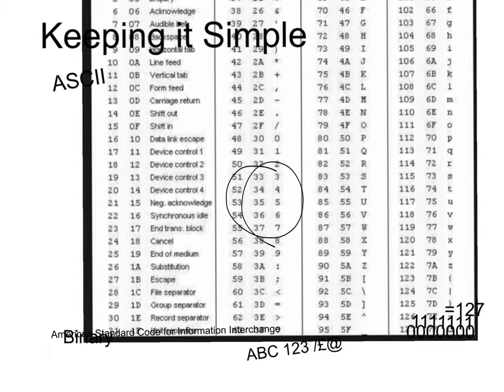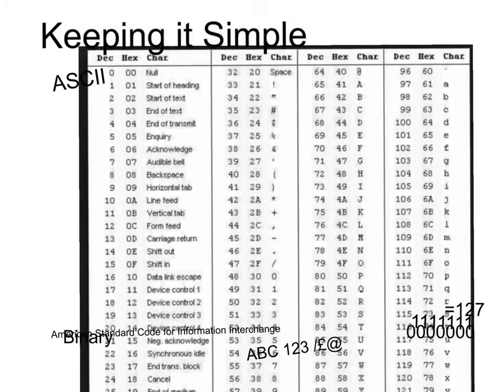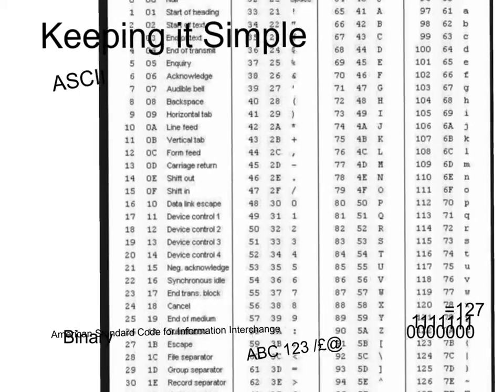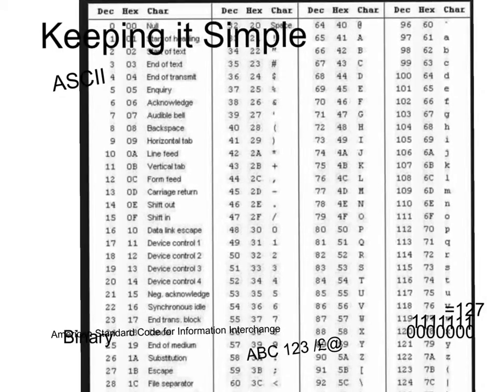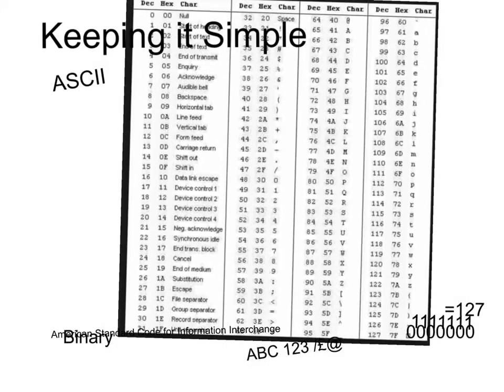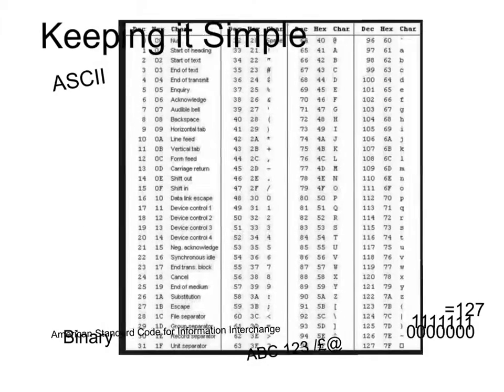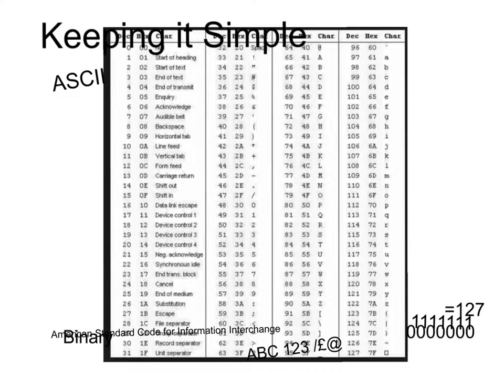And then when you get into the higher 60s, you get capital A's, B's, C's, D's. Then you get the little letters coming in a bit further on, over in this area.